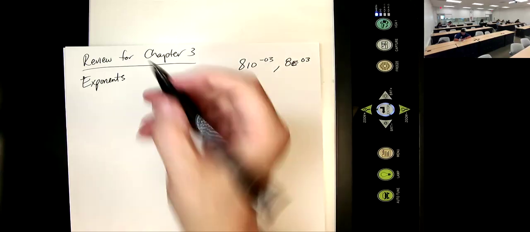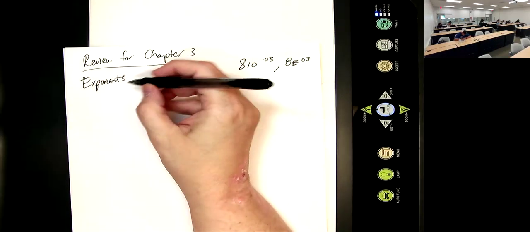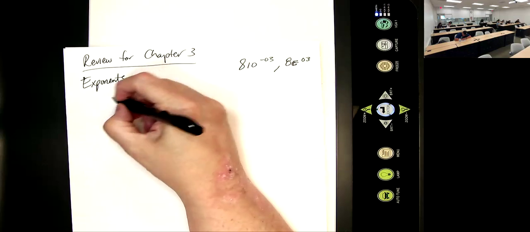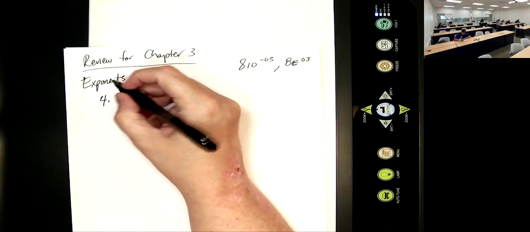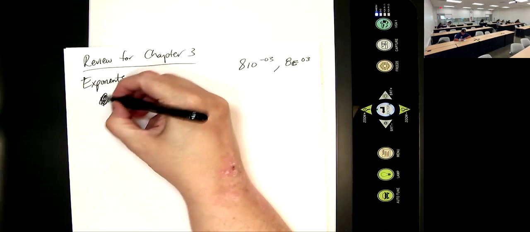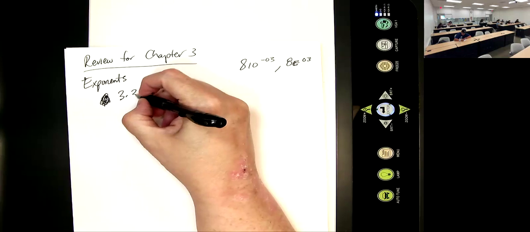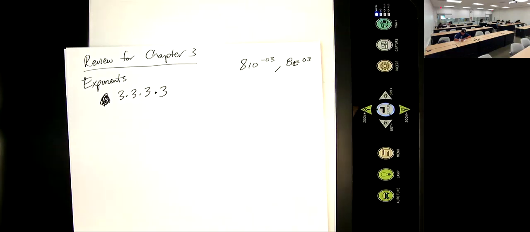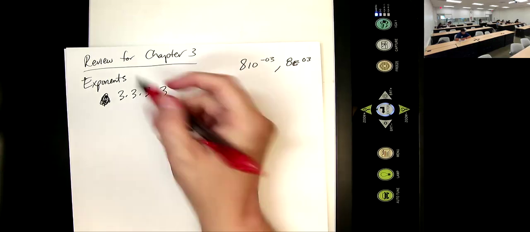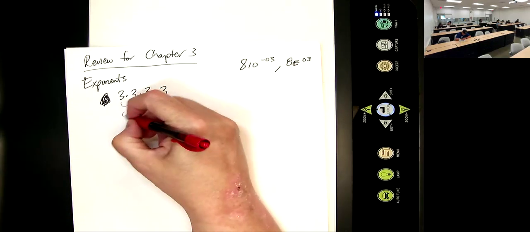So the way exponents work is, let's say we had 4 times, let's choose a prime number, 3 times 3 times 3 times 3. Count the number of times they're multiplied together.